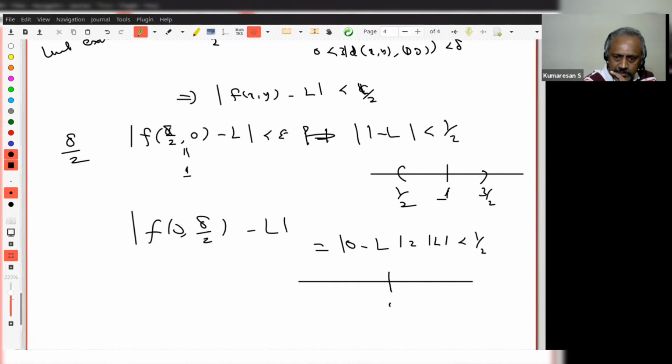This is my 0, this is my half, and this is my 3 halves. So according to the first condition, my L should lie between half and 3 halves, but according to this condition, my L should lie between minus half and plus half. You see that? But it cannot be, because if it lies here, it should be strictly less than half. If it lies here, it should be strictly greater than half. That's a contradiction. Therefore, the limit does not exist.